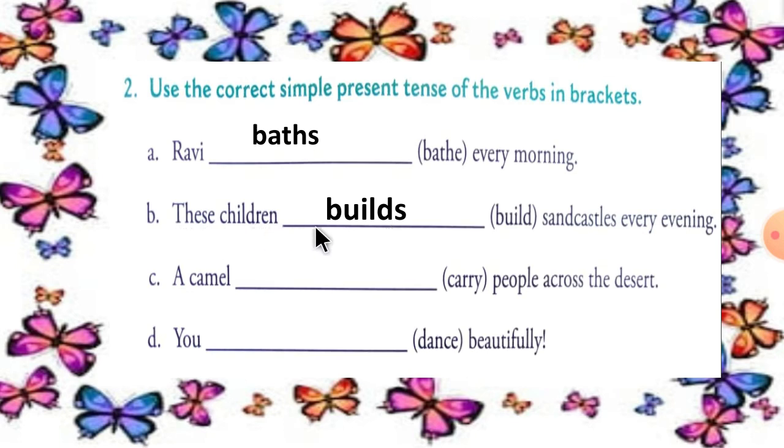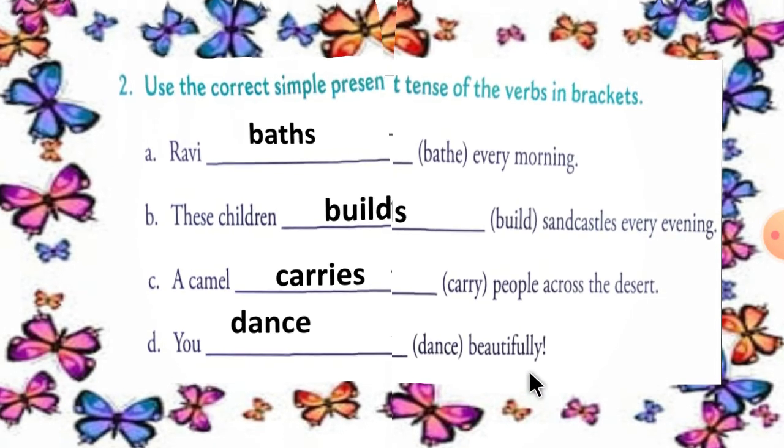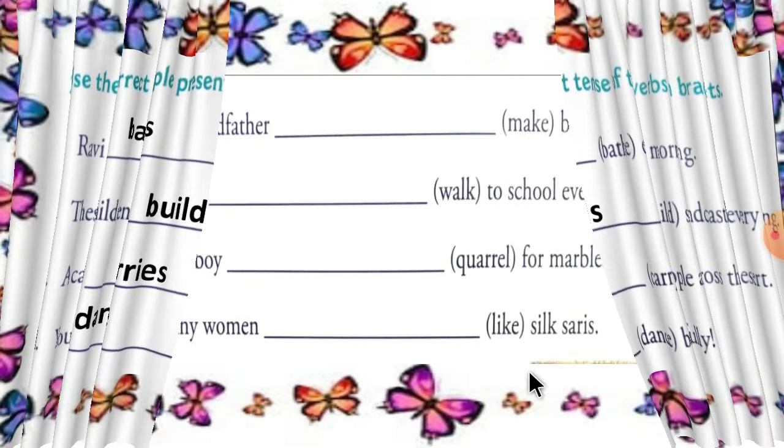These children builds sand castles every evening. A camel dash people across the desert. Answer is carries. A camel carries people across the desert. Then you dash beautifully. Answer is dance. You dance beautifully.